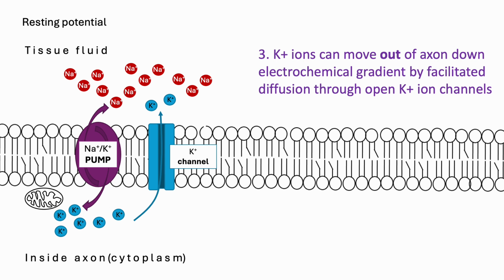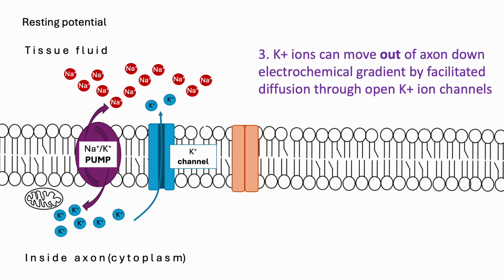Fine to just say their concentration gradient, by facilitated diffusion through these potassium ion channels. They are not voltage gated, they are just open channels. They are also known as leak channels because they are always open, allowing potassium ions to diffuse out.